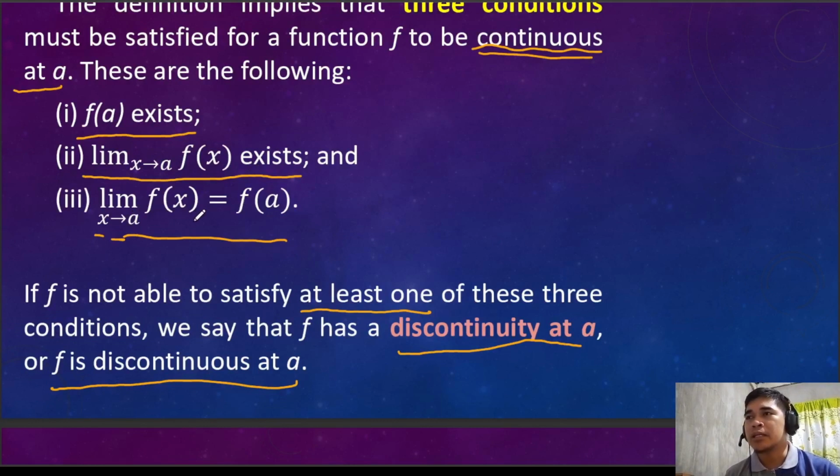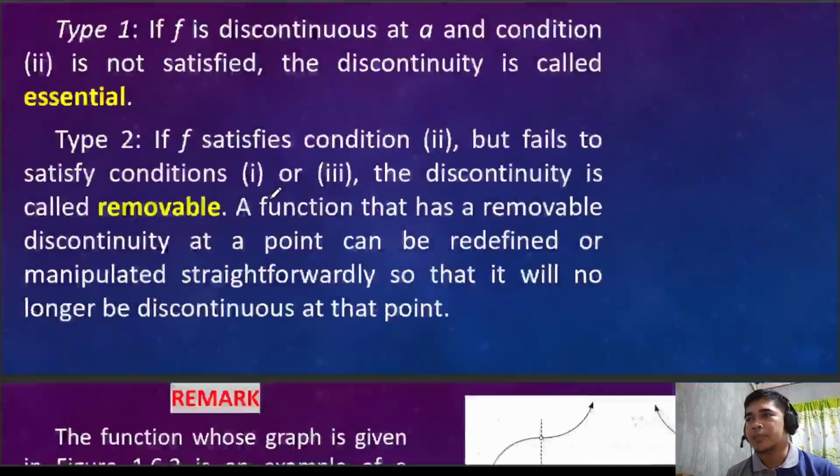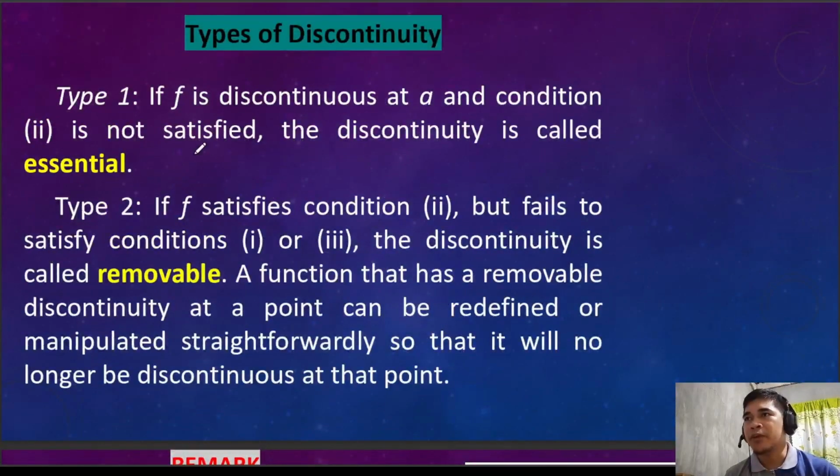Number 3, the limit that exists and f of a are the same. So here, type 1, if f is discontinuous at a and condition number 2 is not satisfied, meaning there is no limit, automatically, that is discontinuity. And that is called essential.